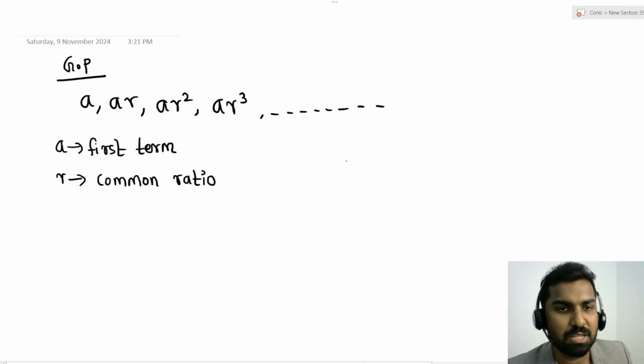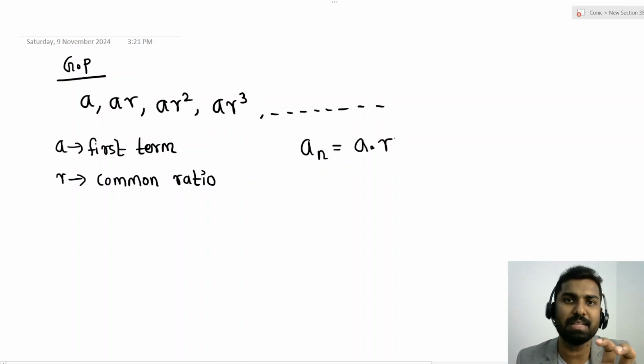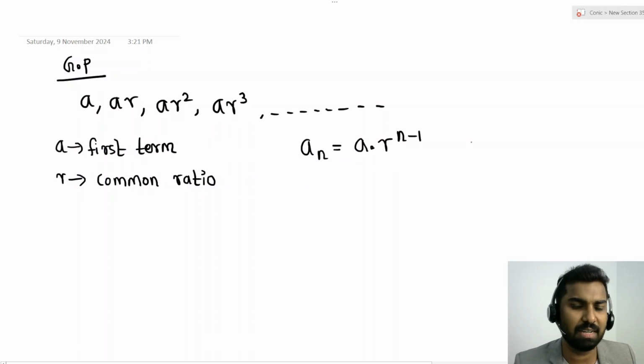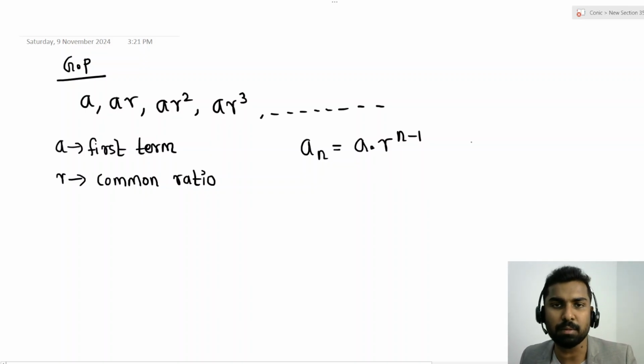It is continuing. So generally, the nth term of a GP can be represented as an equal to a into r to the power n minus 1, because the power of r will be one less when compared to n. That is the first formula you have to keep in mind while solving questions on GP.